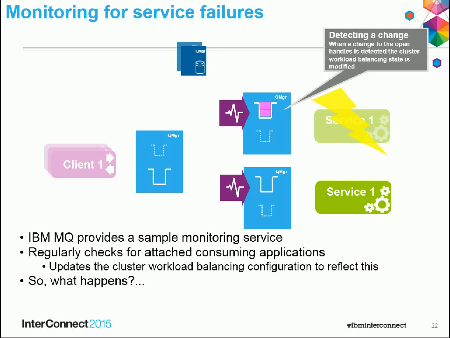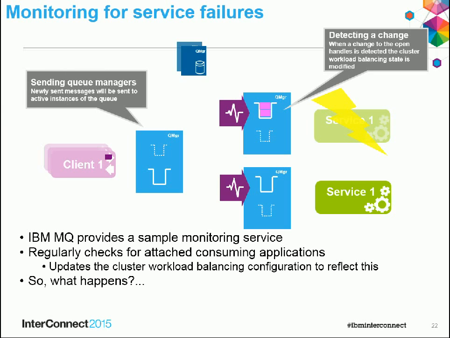First off, it's going to modify the configuration of that queue. It's going to say, this queue, from a cluster point of view, is now not as attractive as that bottom queue. Which means now, any further messages sent in to the left-hand queue manager, based on that configuration, is always going to prefer to send messages to the bottom queue manager.